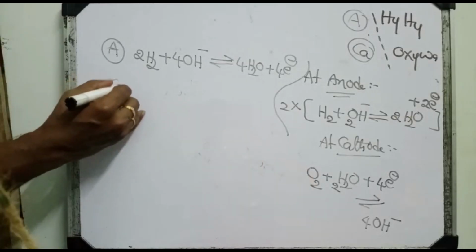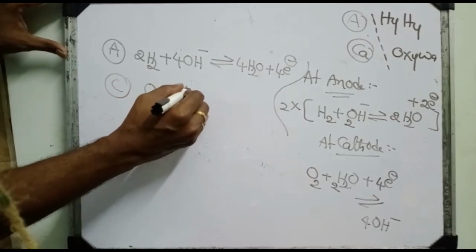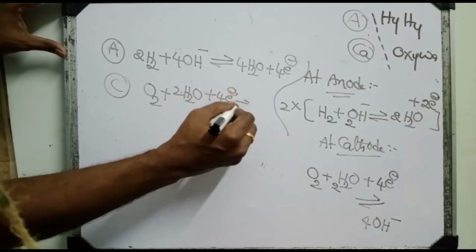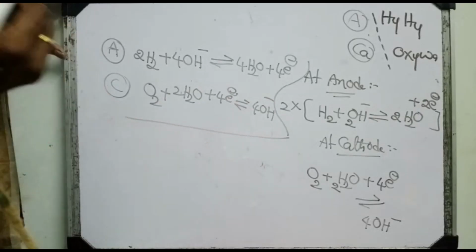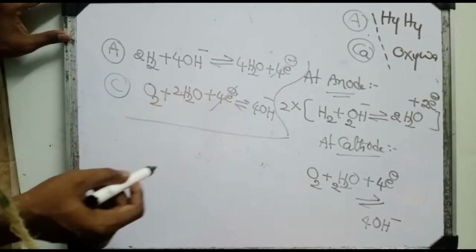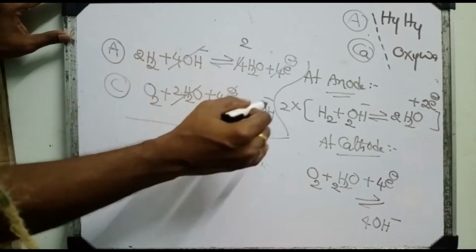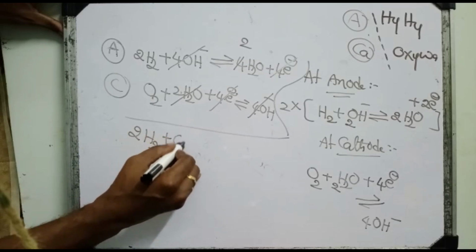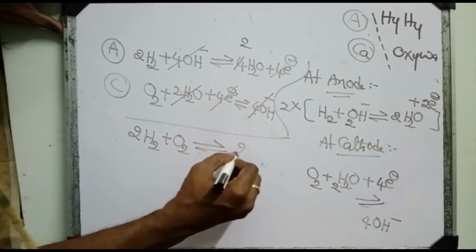Next, at the cathode: O2 plus 2H2O plus 4 electrons gives 4OH minus. Now write the complete reaction. The 4 electrons cancel, the 4OH minus cancel, and you get 2H2 plus O2 giving 2 moles of water.